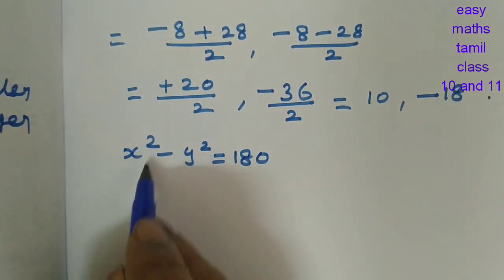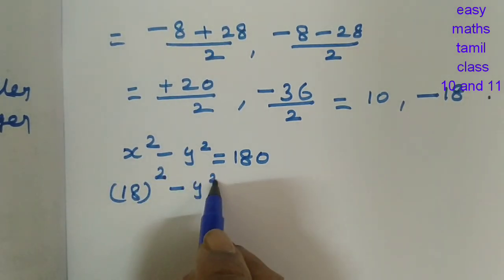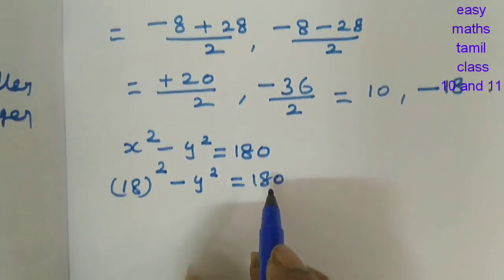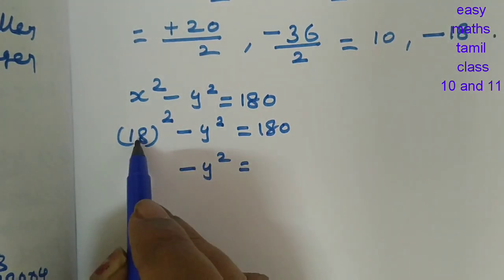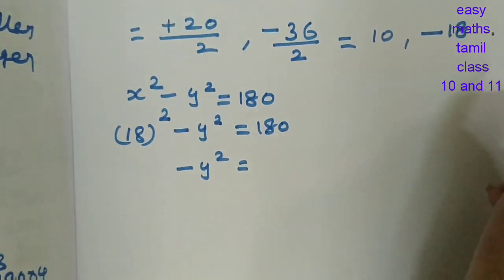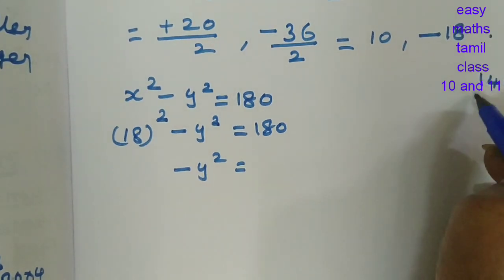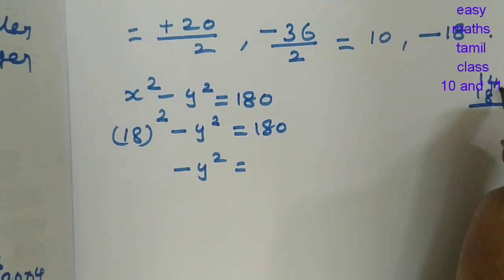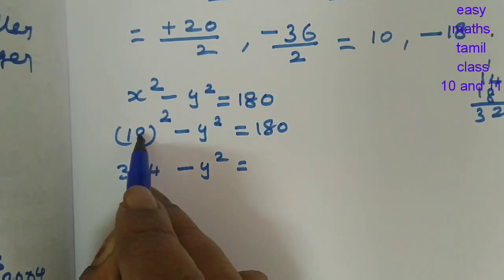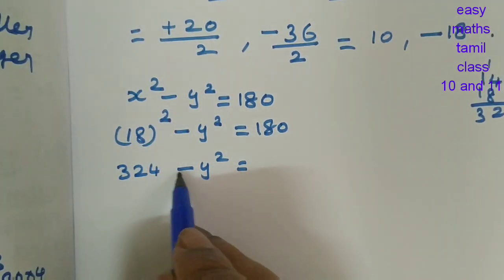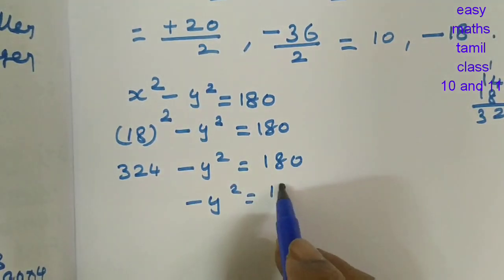Substitute the value of x as 18. 18 square minus y square equal to 180. 18 into 18 is 324, minus y square equal to 180.